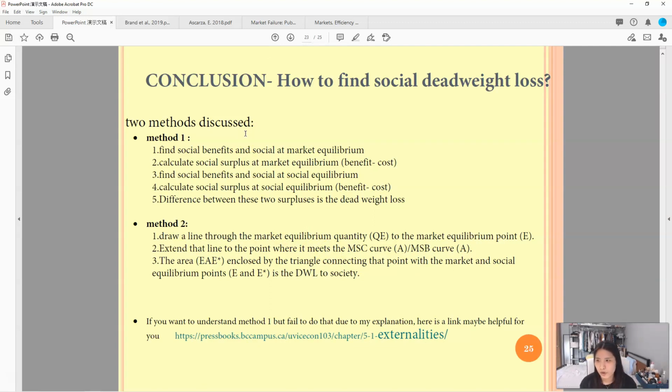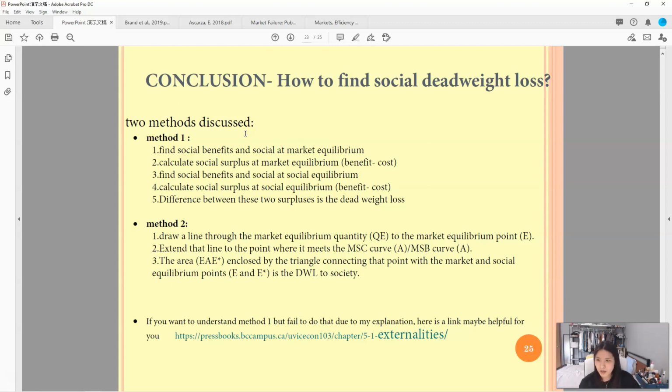There are 2 methods. The first method is about the calculation. First, you need to find the social benefits and the social cost, the social net benefit at market equilibrium. And then you need to find the social net benefit at the social equilibrium. The difference between those 2 benefits is the deadweight loss.